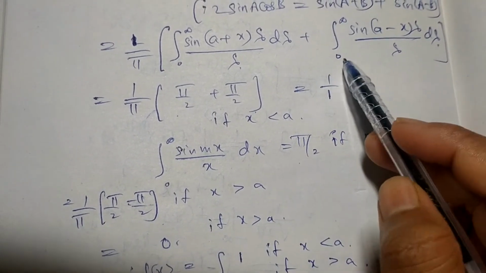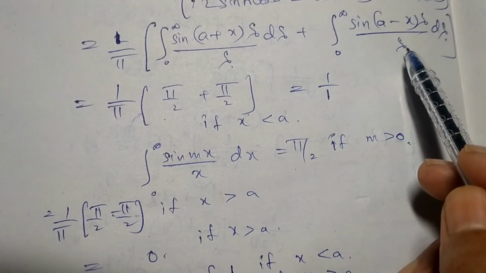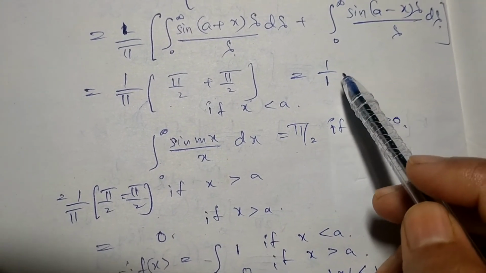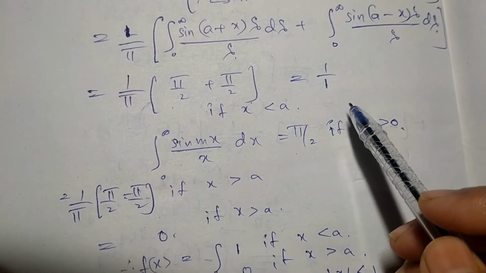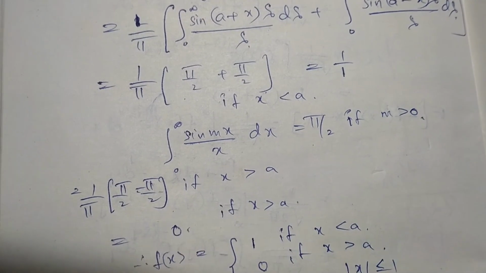For x greater than a, the integral from 0 to infinity of sine of a minus x into xi d xi divided by xi has the value minus pi by 2. So this will get minus pi by 2.